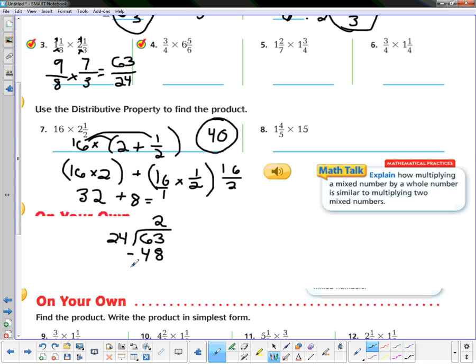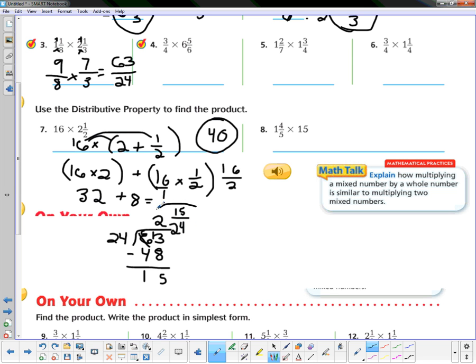And then let's subtract it. I have to regroup here. That's a 5, 13. Then that means this is 5, and that's 1. So remember, that's my new numerator, 15 over the denominator, which stays the same, 24.